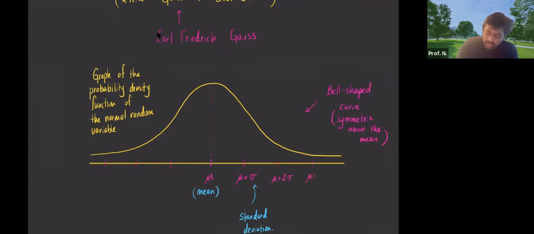This is mu plus 3 standard deviations, and so on, right? And then again, this goes to infinity. So this is a continuous random variable that is defined from negative infinity to infinity.